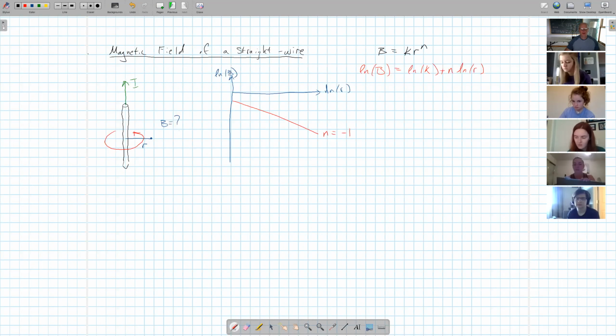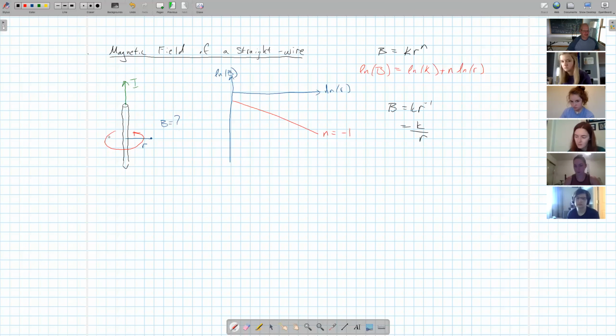When you plotted that, what you should have found was that the best fit line had a slope of -1. So from this, B was equal to K times R to the -1 power, which is the same thing as K divided by R.